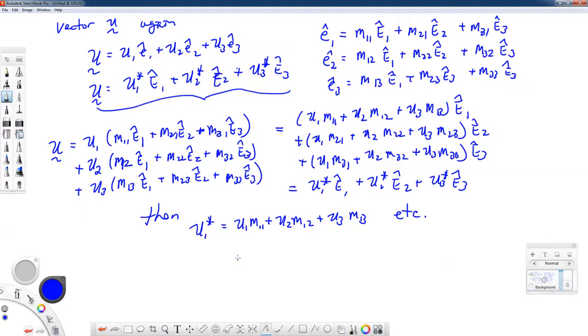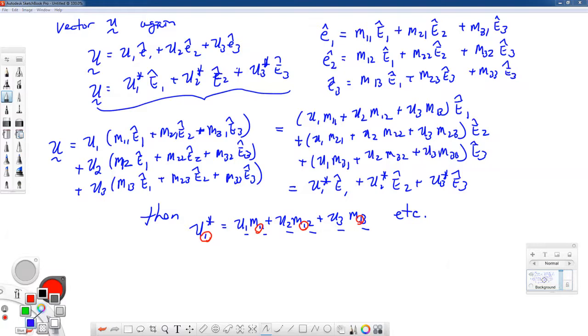Now, in general then, you see how we have a repeated index on the second subscript. And then this subscript here would be like a free index. The only thing that would change between these three lines would be, it would be 2 for this row and then 3 for that row.